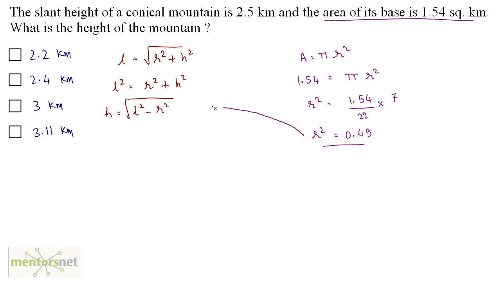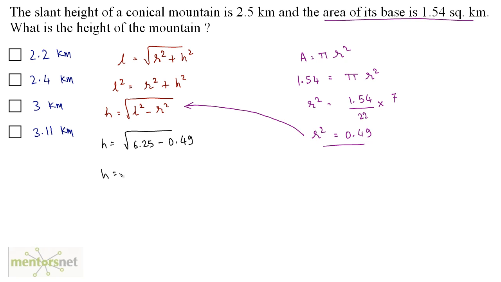Now this value of R square can be put into this equation and get the value of H. So H is equal to the under root of L square, that's 2.5 square. Well, 2.5 square is equal to 6.25 minus the value of R square, that is 0.49.